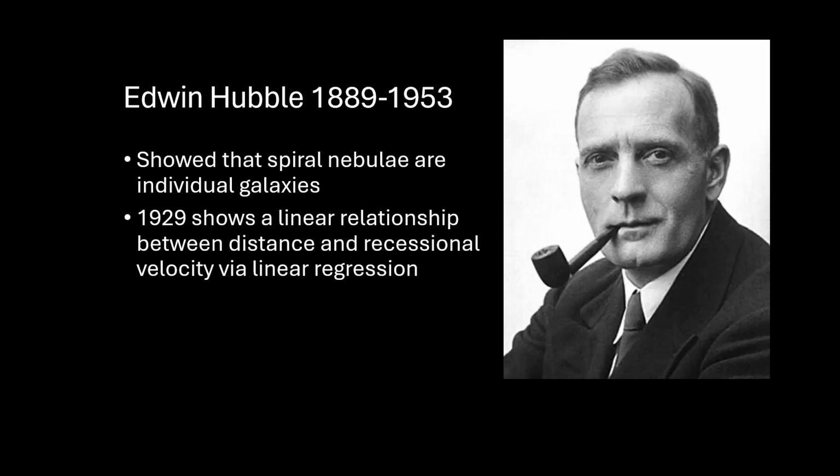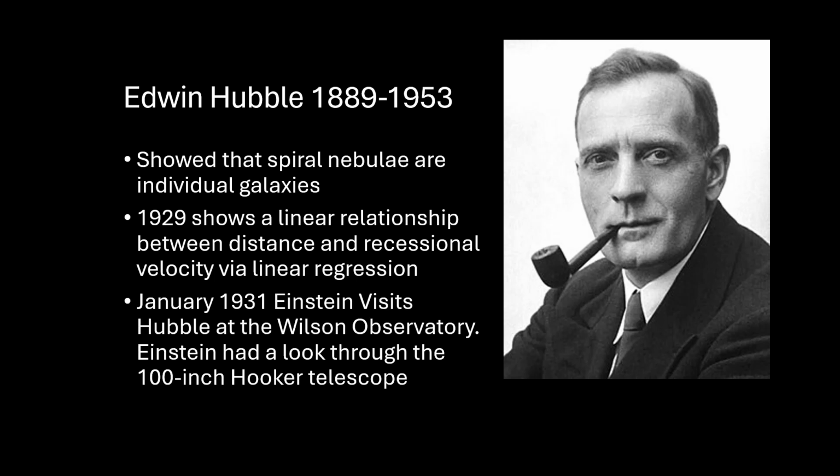So Edwin Hubble showed that the spiral nebula are in fact individual galaxies, and by 1929, he developed a linear relationship. He showed that there was a linear relationship between the distance from where we are to each of these distant galaxies and how fast those galaxies are moving away from us. He used linear regression.